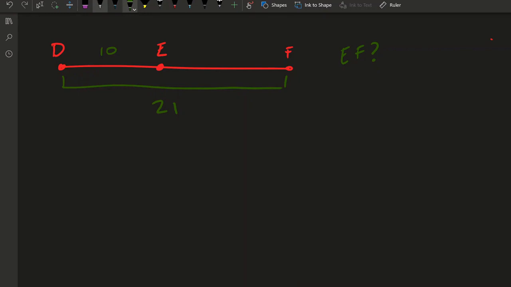Well, just like last time, I would say DE plus EF is equal to DF, because of the segment addition postulate.